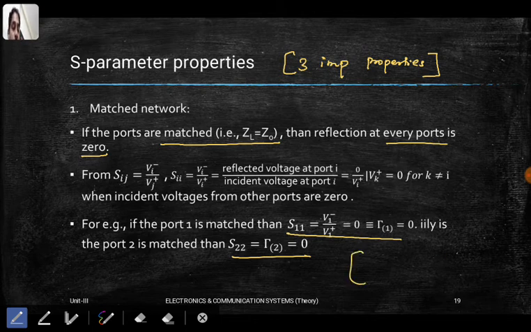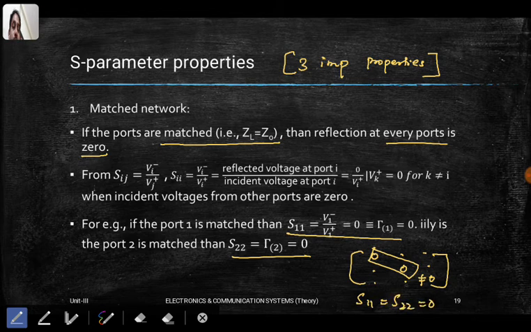In case you take a 3-port network, if S11 is 0, S22 is 0, but S33 is not 0, and the rest of the elements have some values, then we cannot say all the ports are matched, but these two ports are matched. That is, S11 and S22 equal to 0. These ports are matched, but not S33. This port is not matched.